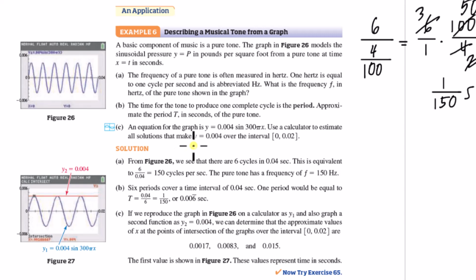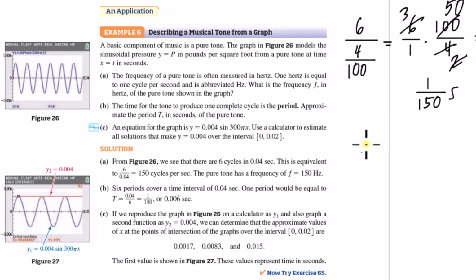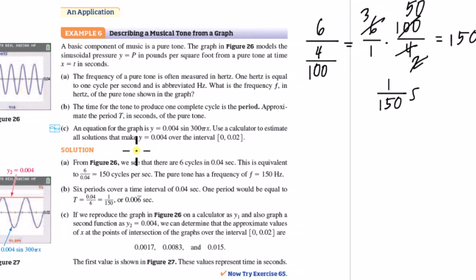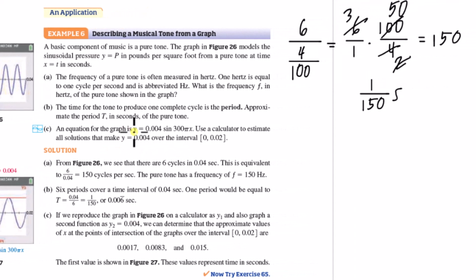So it's weird. Right now we're using a sinusoid where the input is time, not angle, which is a little weird to think about. But we're thinking, what are the times that result in the amplitude of 0.004? So you set y equal to 0.004, and what you're going to get is sine of 300 pi x is equal to 1.